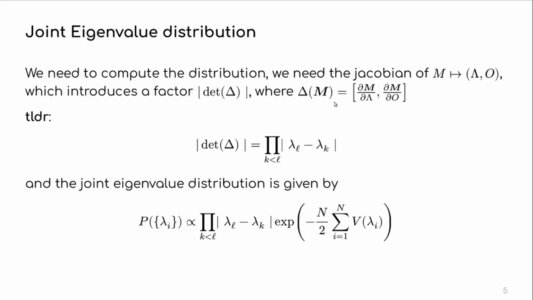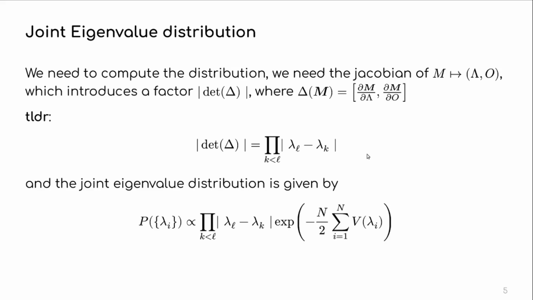And the Jacobian with respect to the eigenvalues is a bit more simple. The long story short is that we can express this absolute value of the determinant as the product over all pairs of different eigenvalues, taking their difference in absolute value.